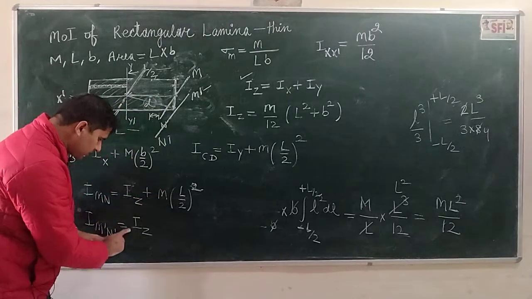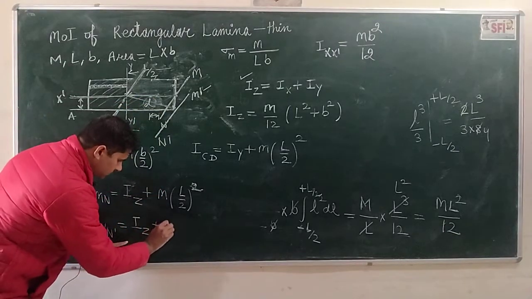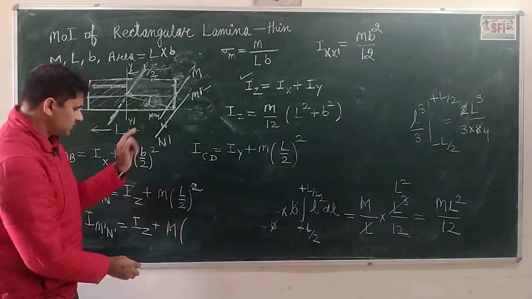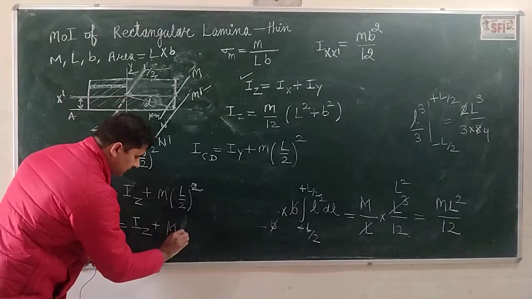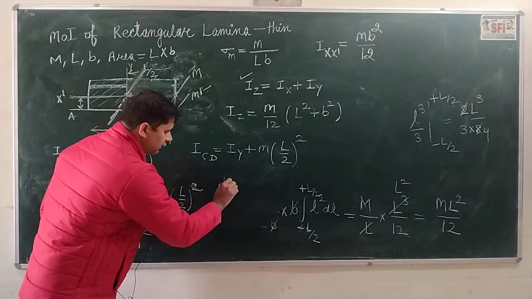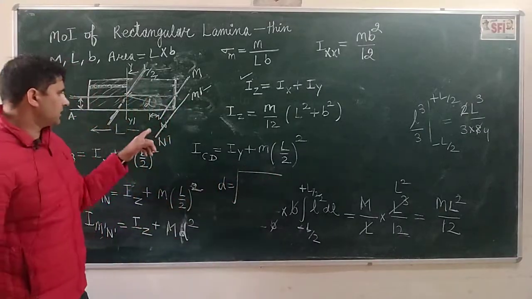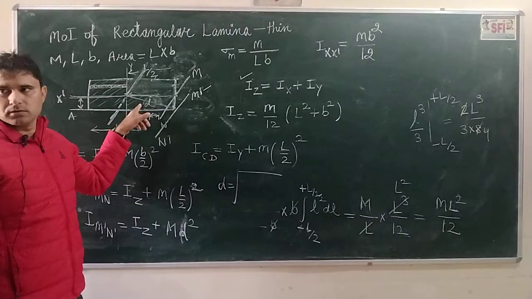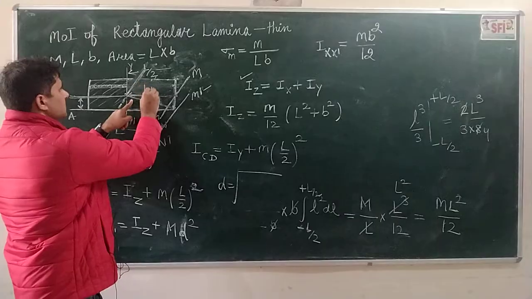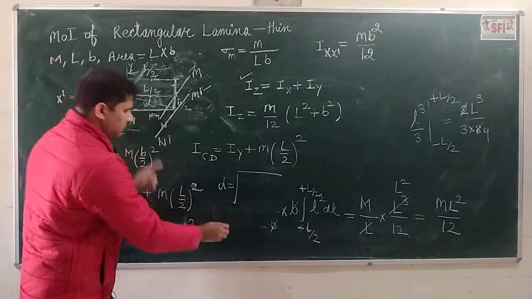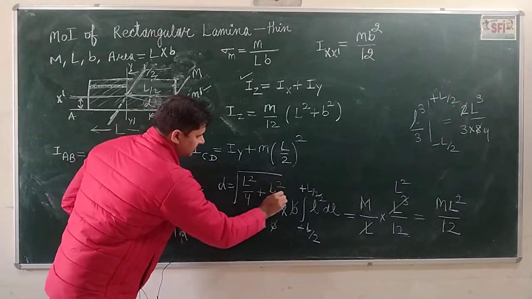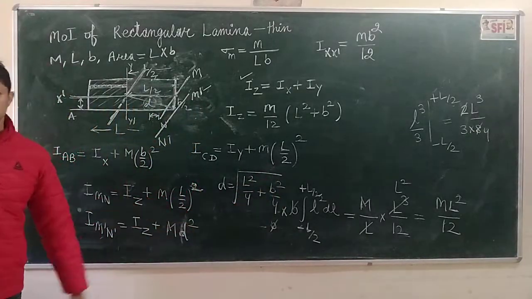So it will be Iz plus the mass of the lamina, that is M, times the square of the distance D, D square. And what will be D? D is under the root. You can make use of the Pythagoras theorem, and this is L by 2 and this is B by 2. So it will be L square by 4 plus B square by 4, and you can substitute its value here.